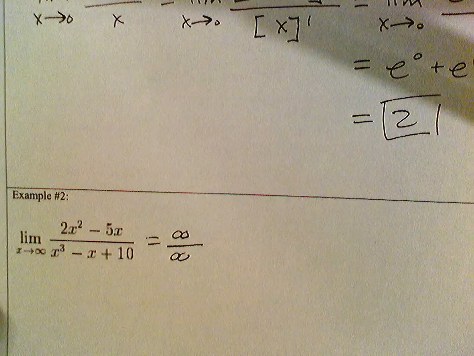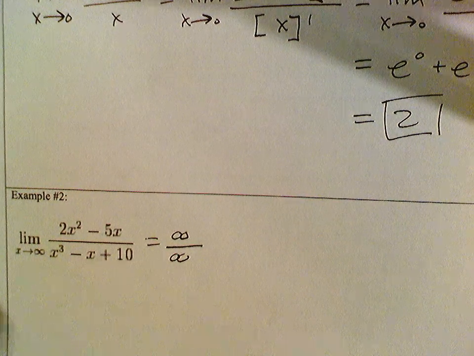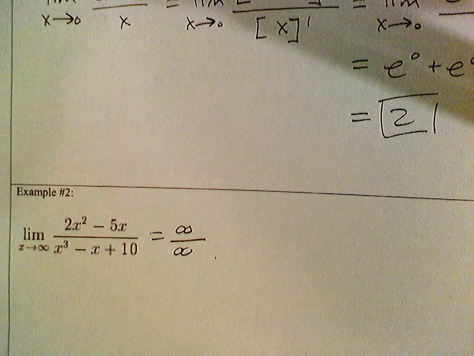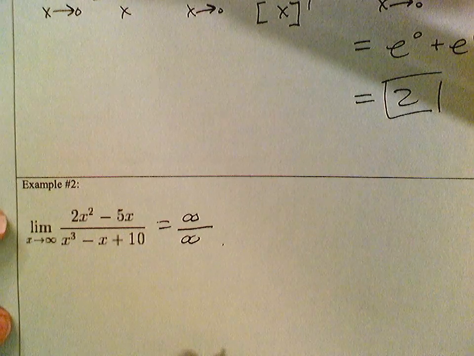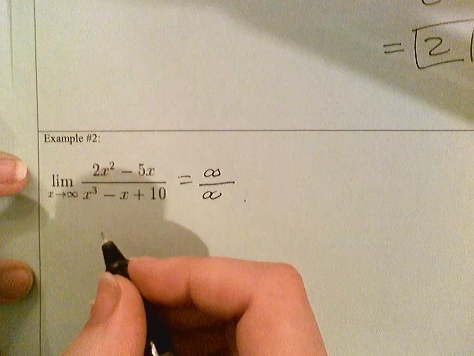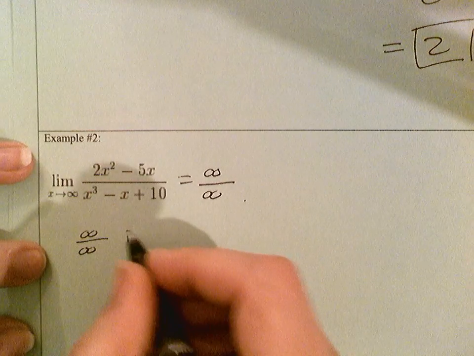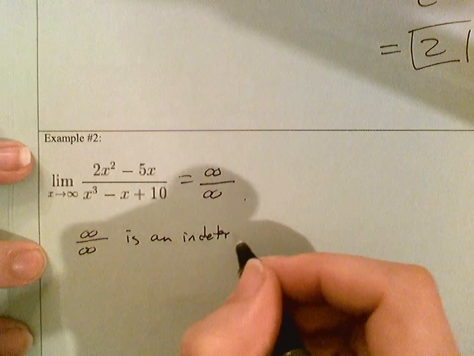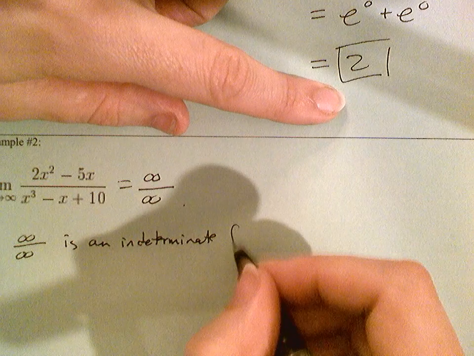All right, so I've got infinity over infinity, which is another of the indeterminate forms that we can apply L'Hopital's rule to when we have it. So I'm going to say to my reader, just like before, infinity over infinity is an indeterminate form.